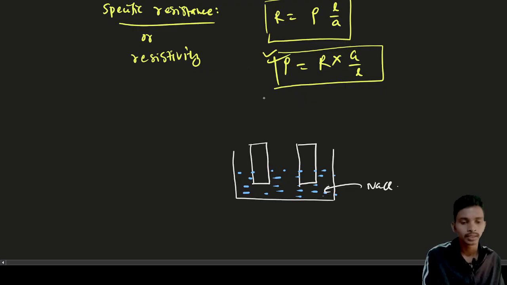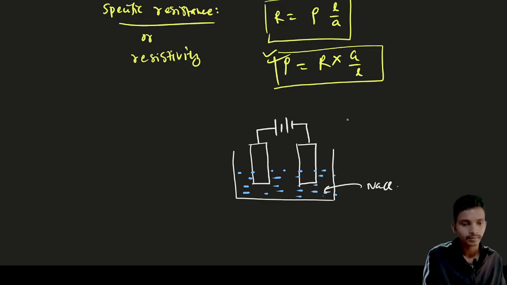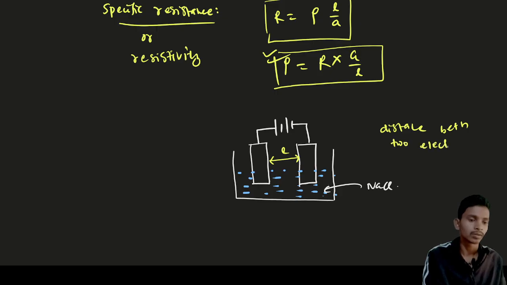I use NaCl as the electrolyte, and this is connected to a battery. Then let's say the distance between these two electrode rods is L.